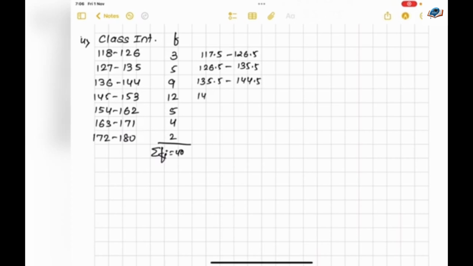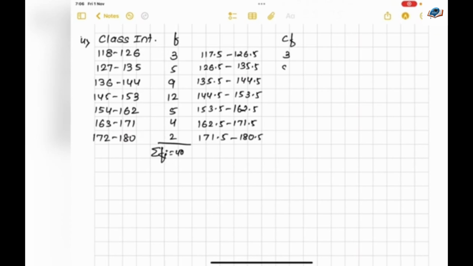This will be 144.5 to 153.5, 153.5 to 162.5, 162.5 to 171.5, 171.5 to 180.5. Now I will need CF.